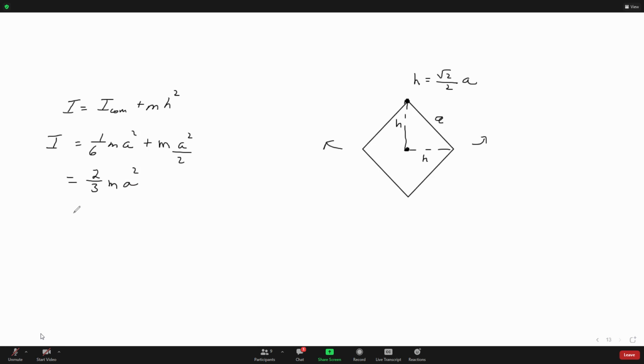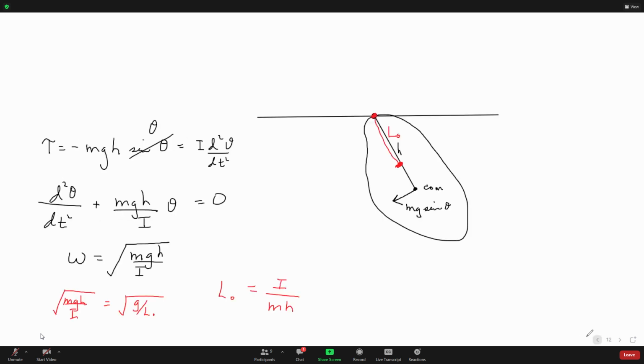So what is going to be the frequency here? It's going to be the square root of mgh over I. Go back and make sure we agree with that.